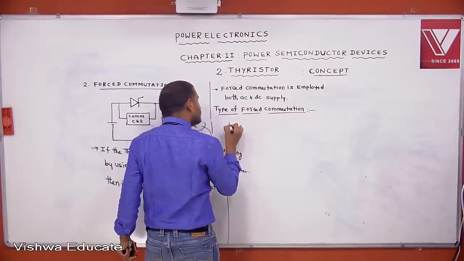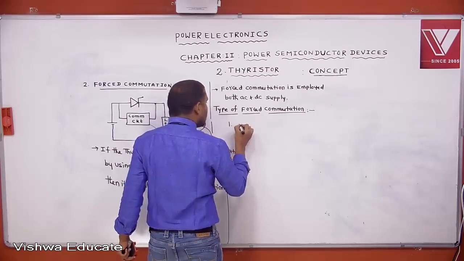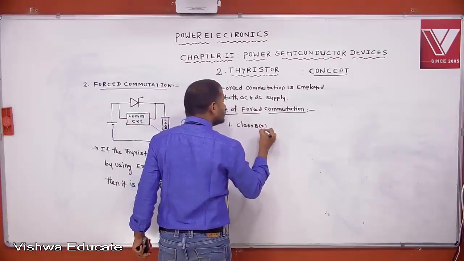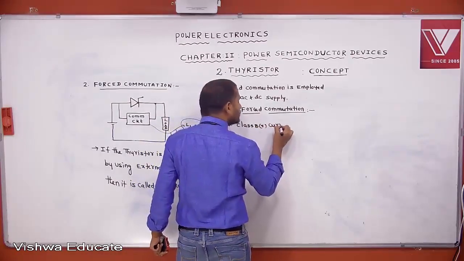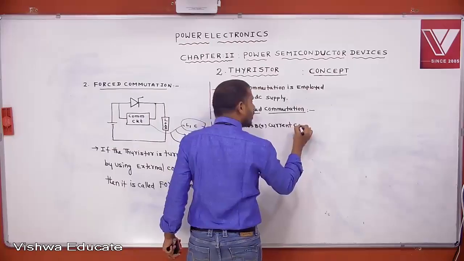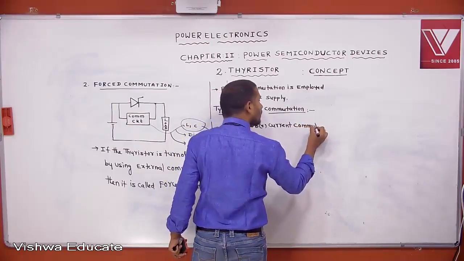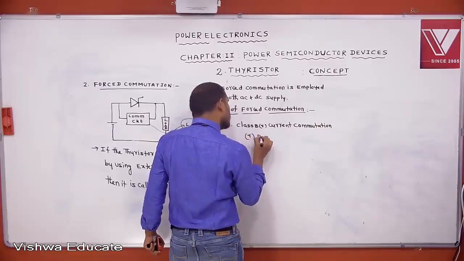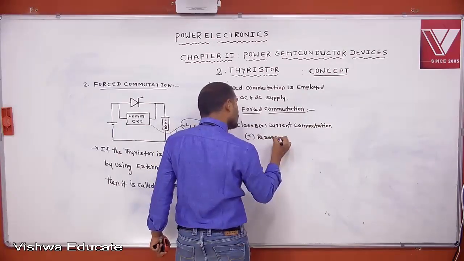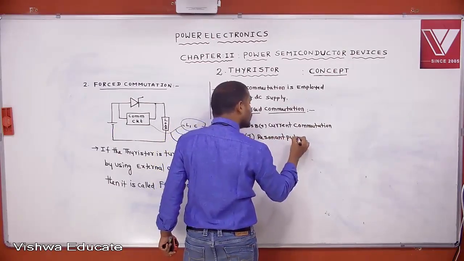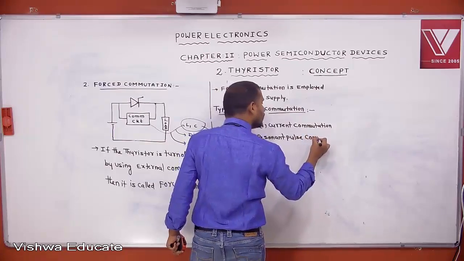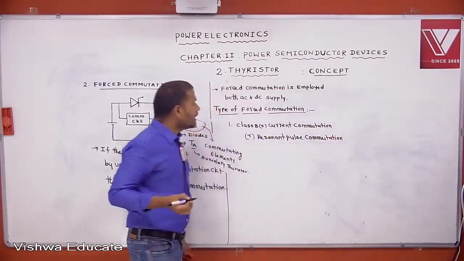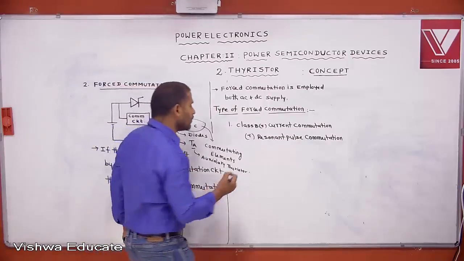One is Class B or current commutation or resonant pulse commutation.